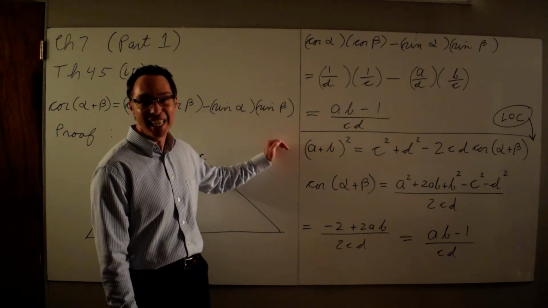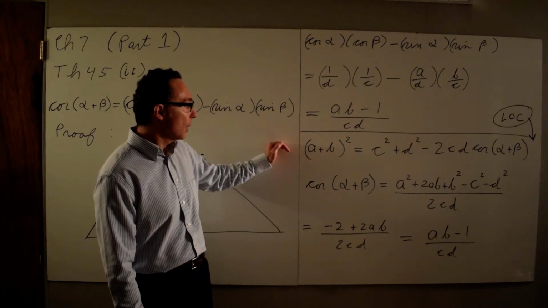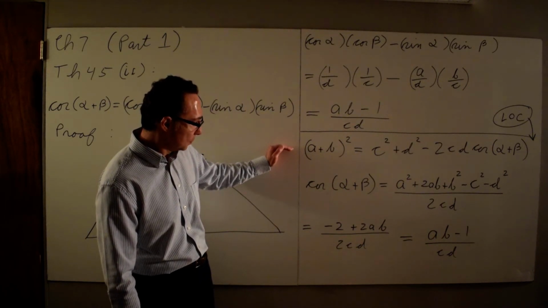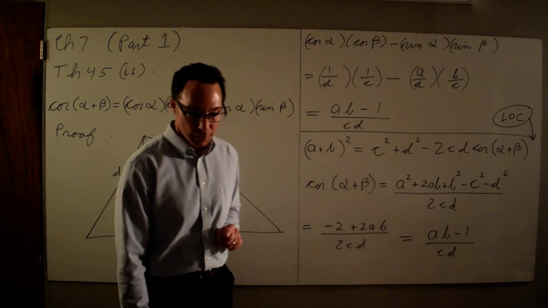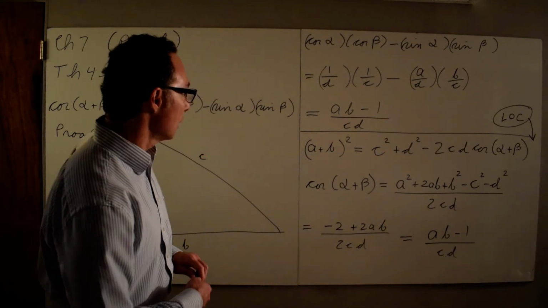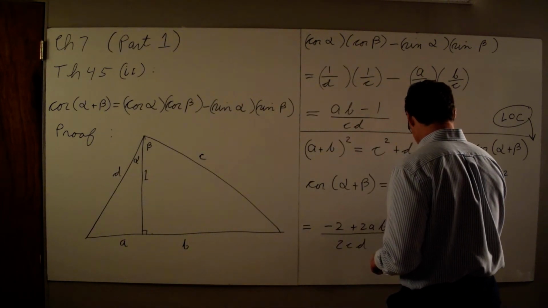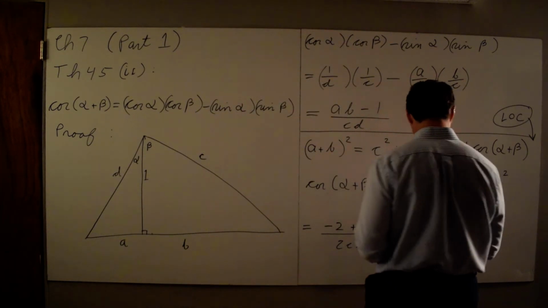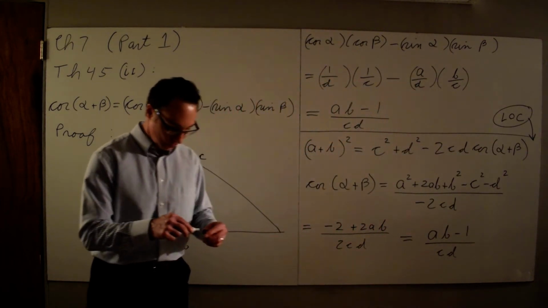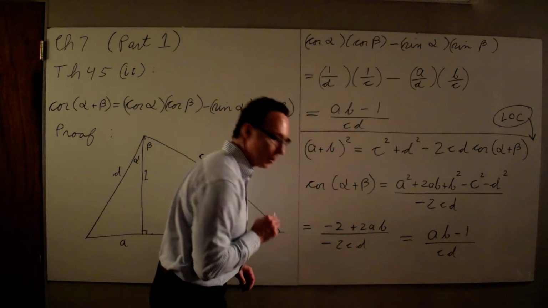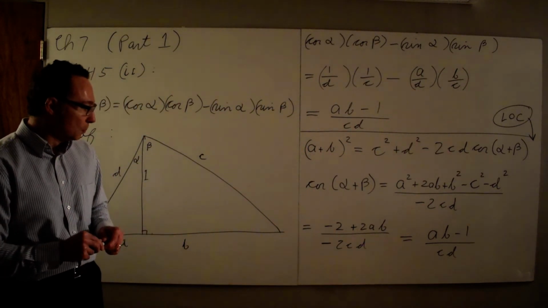We subtract d squared from both sides. Then we divide by negative 2cd. And I forgot my negatives right here. Okay.